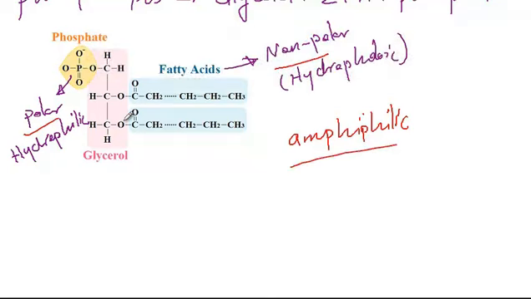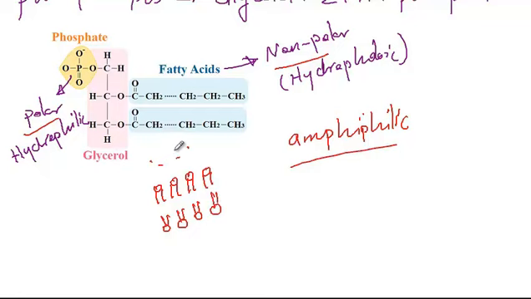Now, because of this unique structure of phospholipids, they would try to avoid water content of the cell as much as they can. And so therefore the cell membrane will have a lipid bilayer where the polar head of phospholipids, which would correspond to the phosphate head, would be facing outside as well as inside of the cell.